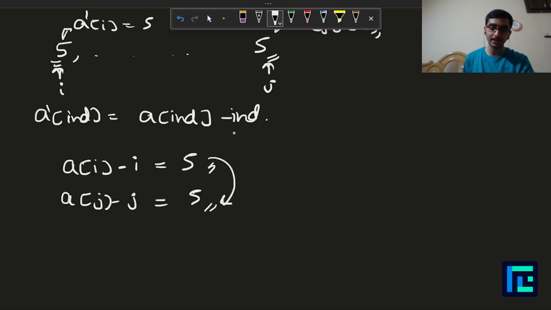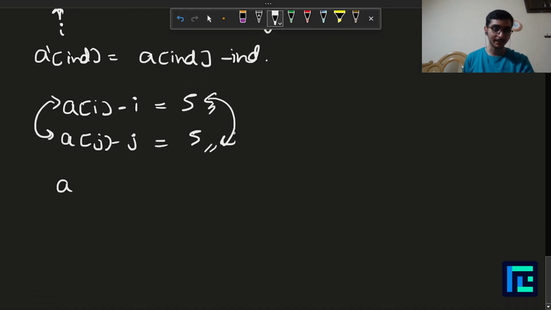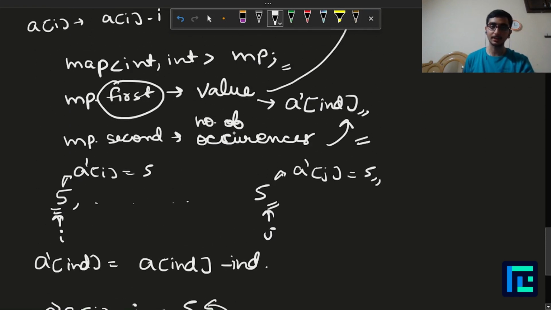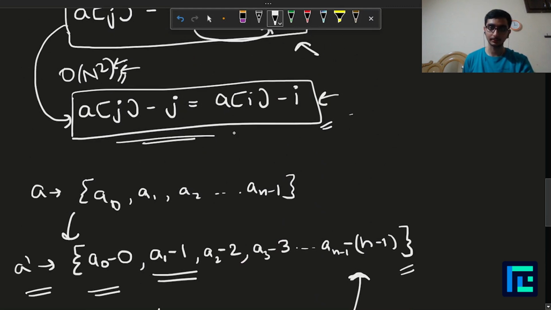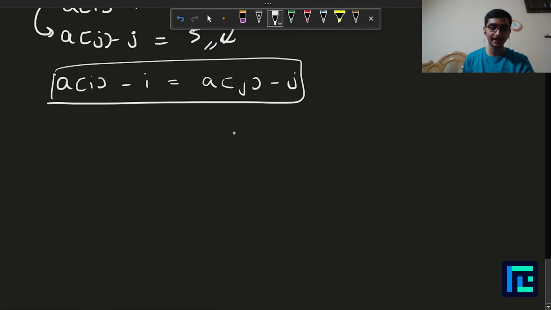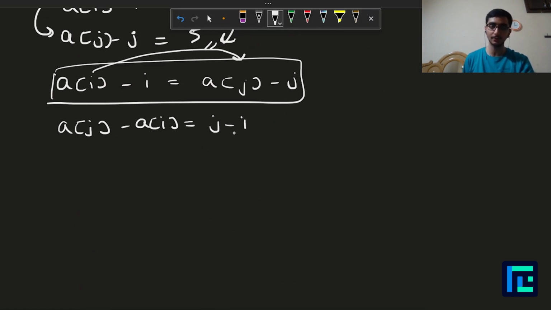Now, as the RHS are equal, I can say that the LHS is also equal, right? So I can say that A of I minus I equals A of j minus j, which is basically the equation that we wrote here. And if you want to go one step further again, I can rewrite this as A of j minus A of I equals j minus I. So what I do is I bring A of I here and I bring j there. So this is the same thing.